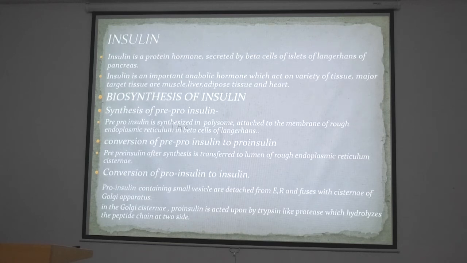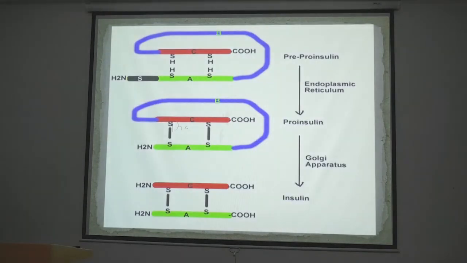The pre-proinsulin containing small vesicle is released from the endoplasmic reticulum and fuses with cisternae of Golgi apparatus. In the Golgi cisternae, proinsulin is acted upon by a trypsin-like protease which cleaves the peptide chain at two sites. So already you know, that is not to be discussed. That is the formation of pre-proinsulin to insulin.